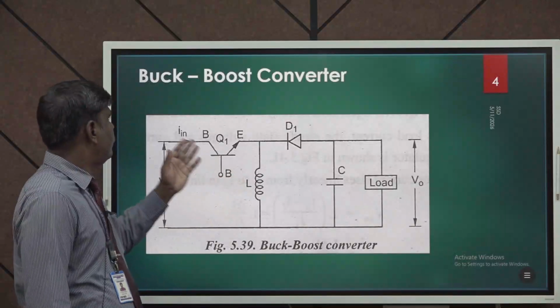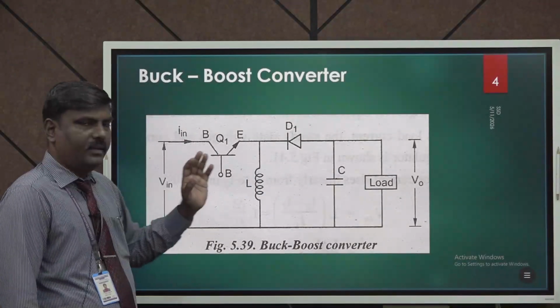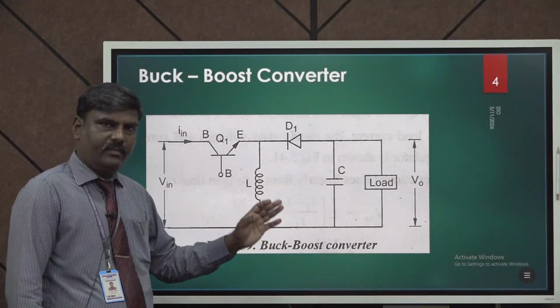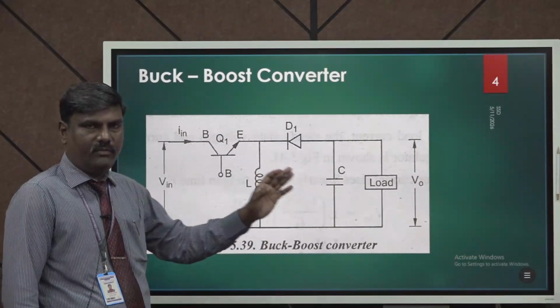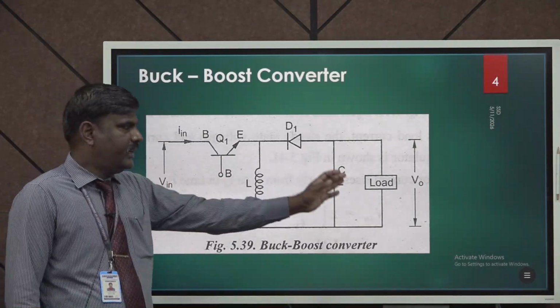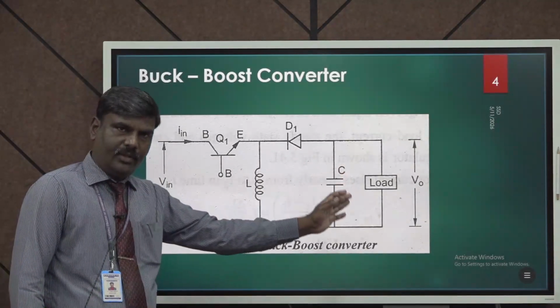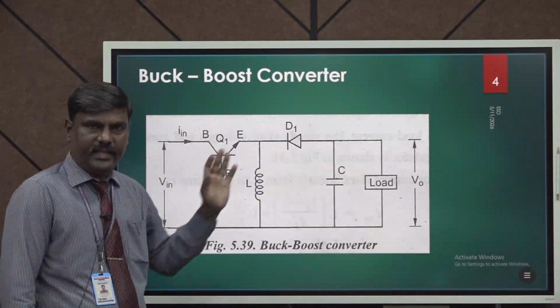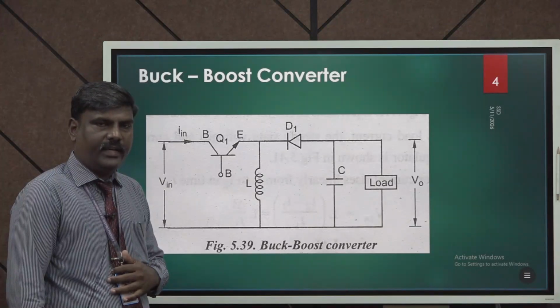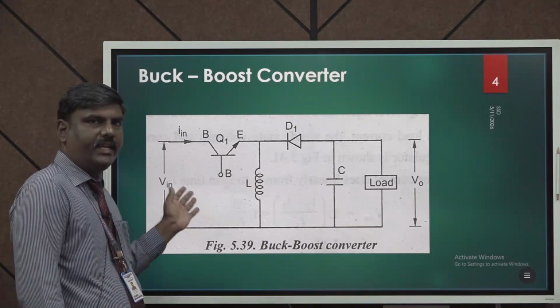This is the circuit of buck boost converter. In this buck boost converter, the output voltage varies from 0 to maximum volt. For example, if you are supplying 100 volt at the input terminal, you can get a voltage from 0 to 500 volt. Whereas in the case of boost converter, you will get always higher voltage above the input voltage.